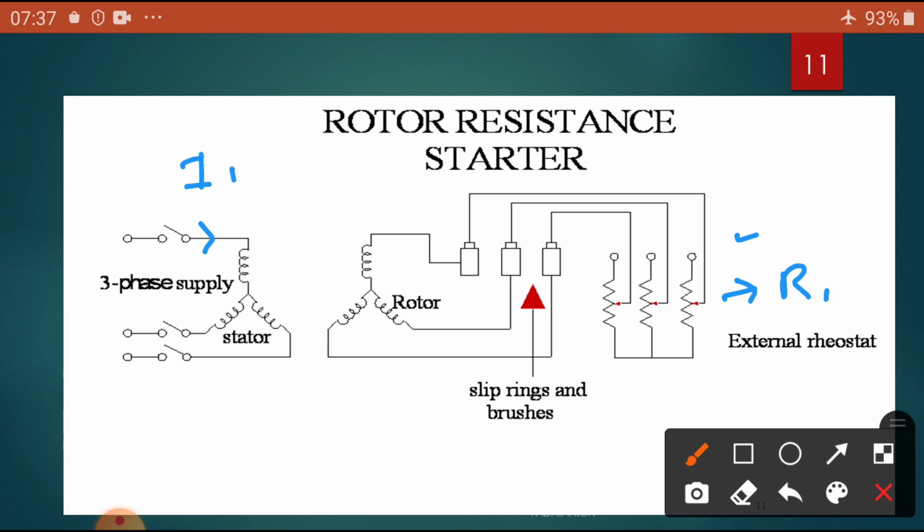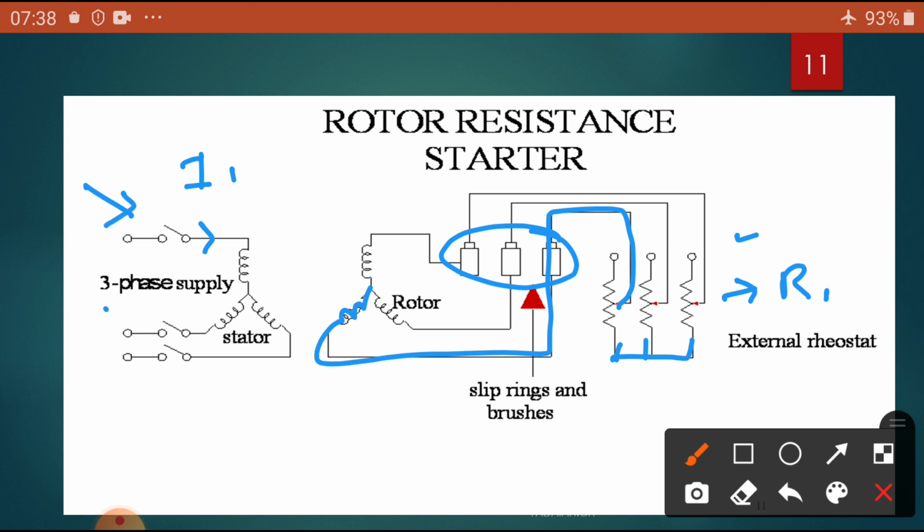In this way, the starting current is reduced. A variable star connected rheostat is connected in the rotor winding through slip rings, and full voltage is applied to the stator side. Whatever the three phase supply is, full supply is applied here.